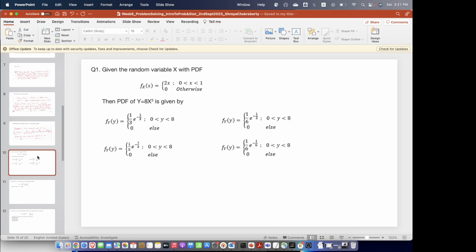So this is the first question, that we are given a random variable with this PDF, and we have to find out the PDF of Y equal to 8X cubed.